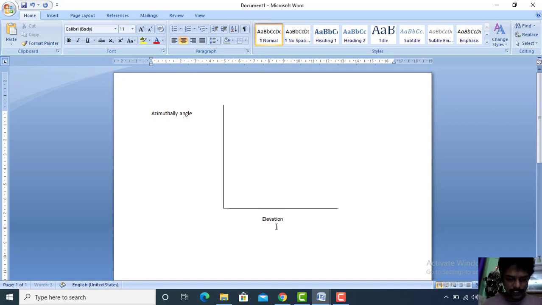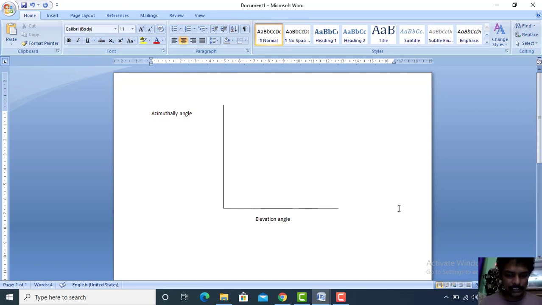So the electromagnetic wave occupies the space shown here, and the vertical axis gives the azimuth angle while the horizontal axis gives the elevation angle.